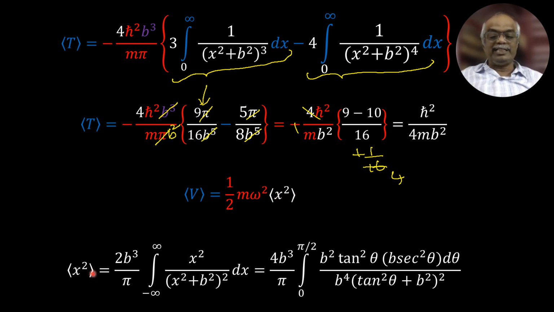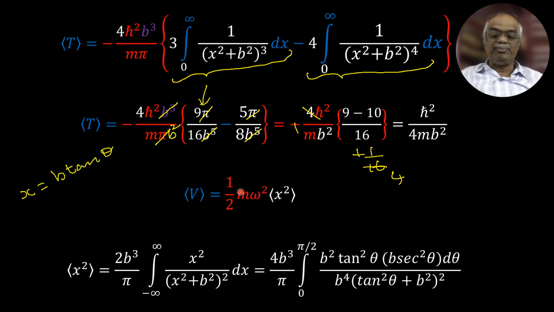So the expectation value of x squared is the modulus square of the normalization constant, which is 2 p power 3 divided by pi, and this integral between minus infinity to plus infinity, x squared divided by (x squared plus p squared) whole power, whole squared dx. Here also you follow the same technique. You replace x as p tan theta. Exactly the same procedure.